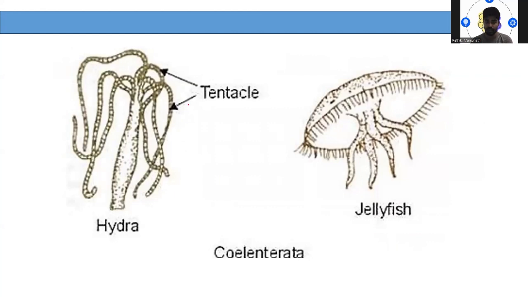Whereas in Coelenterata, what happens here is that cells combine to form tissues. The cells perform the same function, but they are arranged into a more complex structure called a tissue.